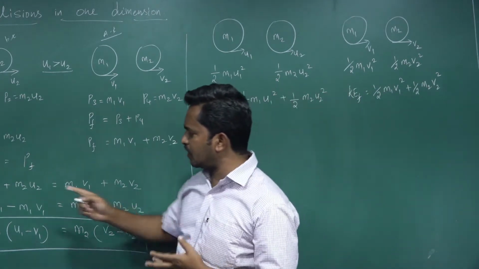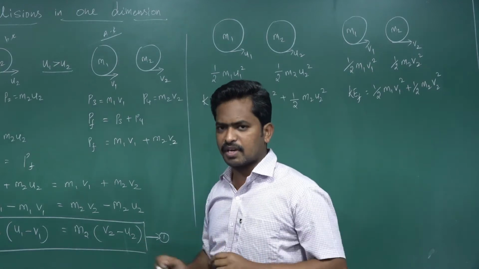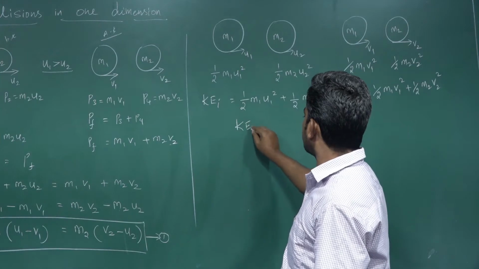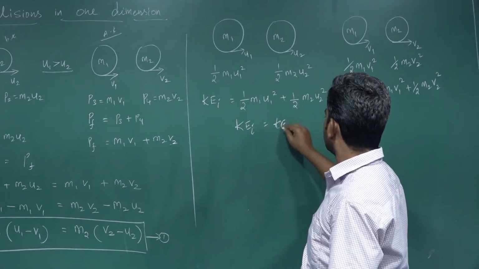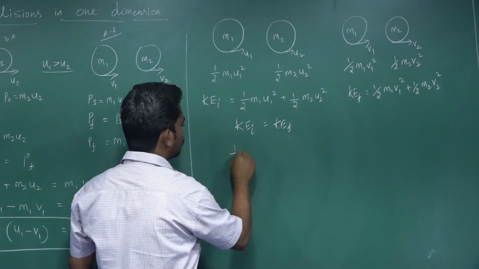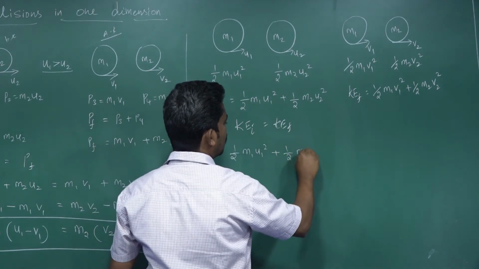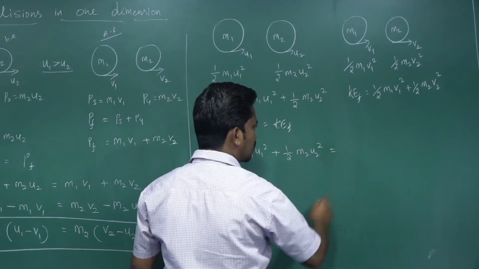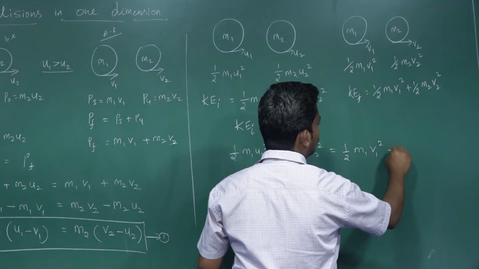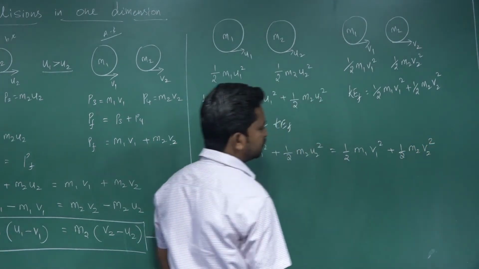Just as with the law of conservation of momentum, where momentum is conserved, kinetic energy is also conserved. So the total kinetic energy before collision is equal to the total kinetic energy after collision: 1 by 2 m1 u1 square plus 1 by 2 m2 u2 square is equal to 1 by 2 m1 v1 square plus 1 by 2 m2 v2 square.